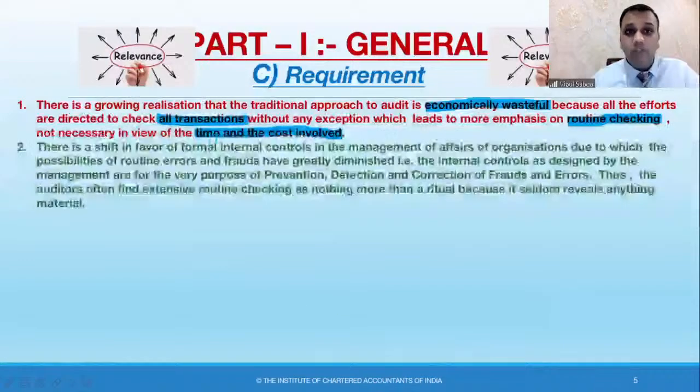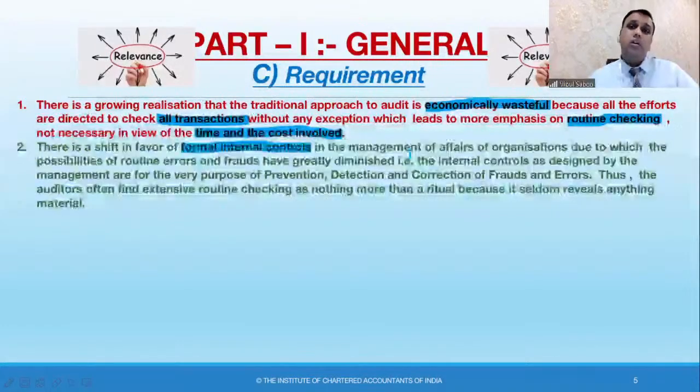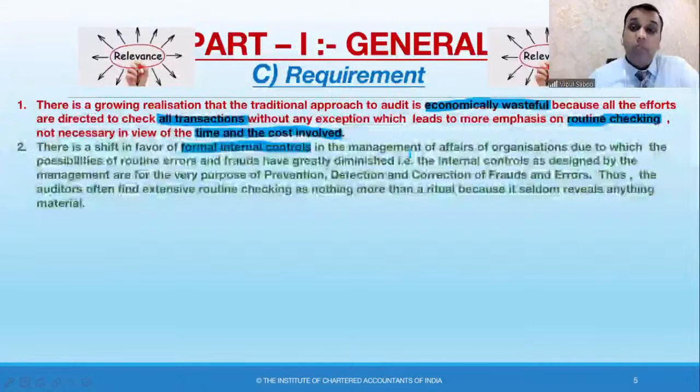There is a shift in favor of formal internal controls in the management of affairs of organizations. When we look into the past, internal controls used to be weak. Most of the organizations and their management did not pay much attention to the controls.